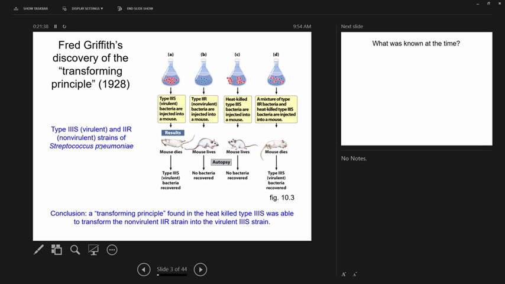Type 2R, non-virulent. These are the same species, but it's just missing a gene that's necessary to make the coat or the capsule.